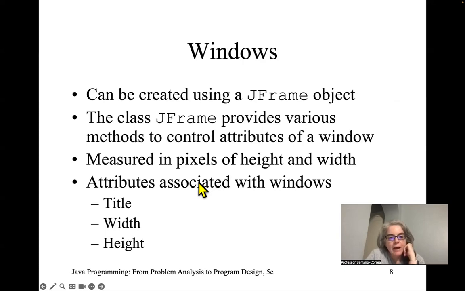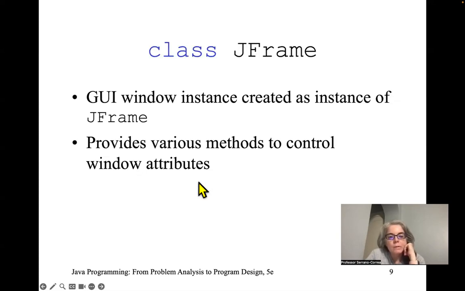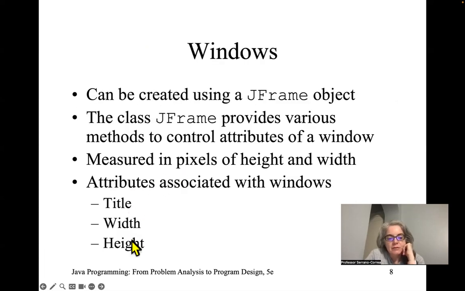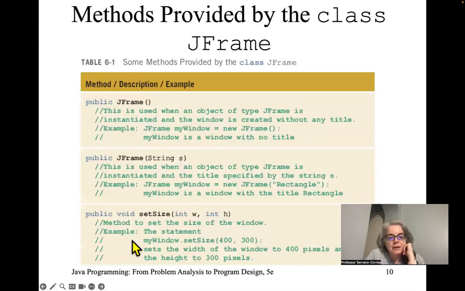And so we create an instance of JFrame so that we can create this window. And then we have different methods on page 333 that control the attributes. So the methods are the ones that you're going to use to set the title, the width, and the height. So these are what you see at the very top of page 333.